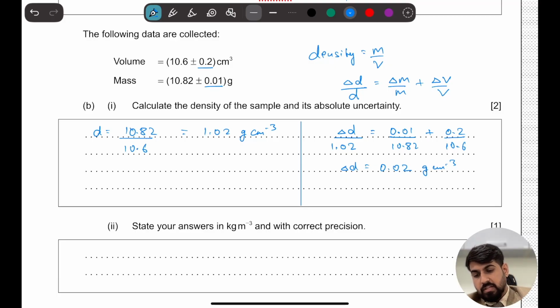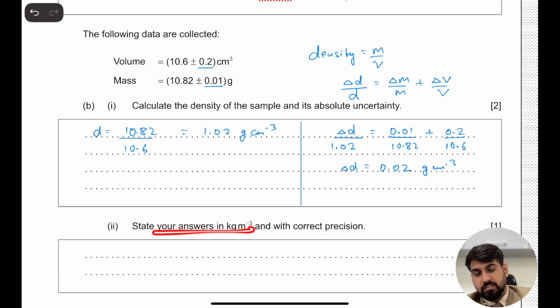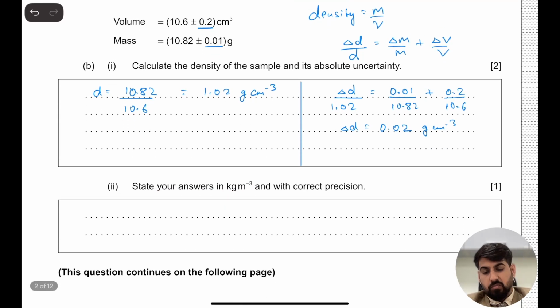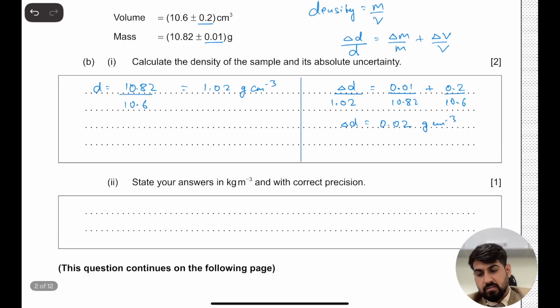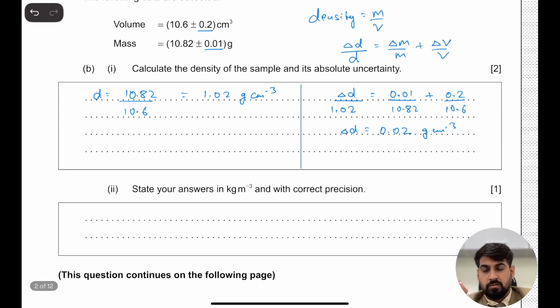Now in the next part, they are asking us to find the answer in kg per meter cube with correct precision. Precision means you have to make sure that it is as per the values that we have. Here volume is up to one decimal place, and mass is up to two decimal places.